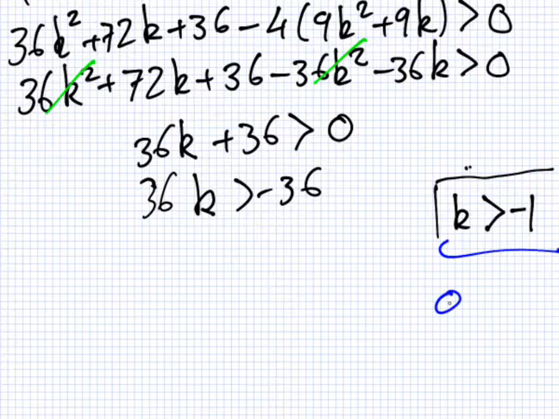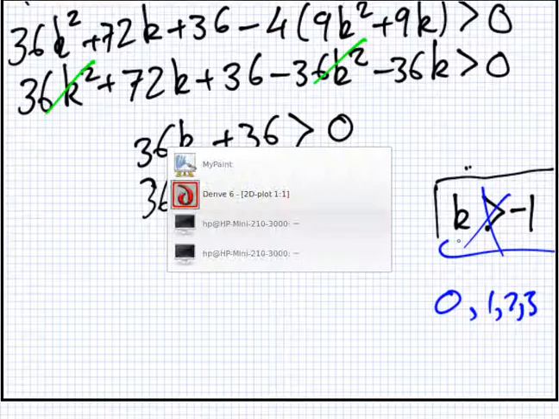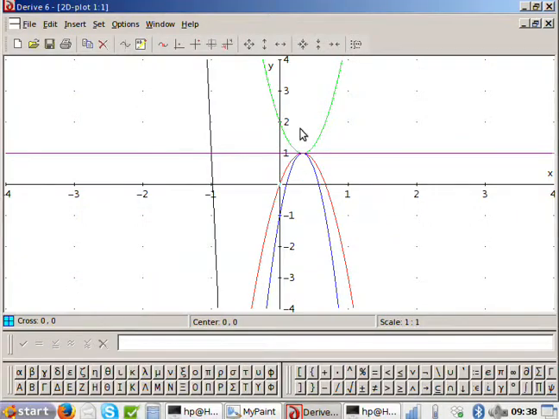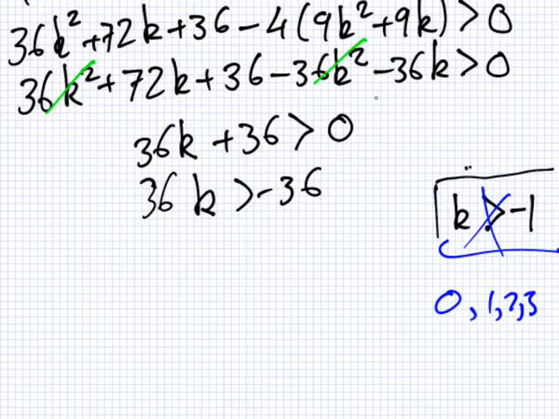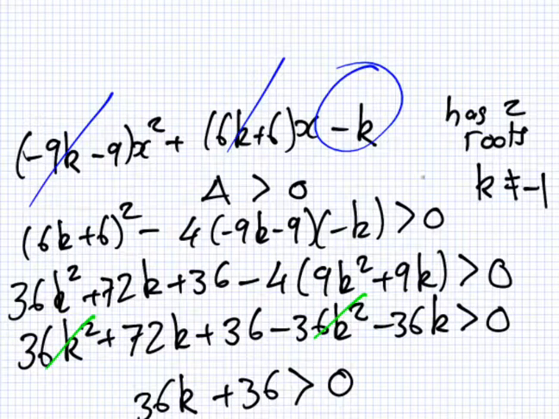36k squared plus 72k plus 36 minus 4 times 9k squared plus 9k should be bigger than 0. 36k squared plus 72k plus 36 minus 36k squared minus 36k should be bigger than 0.